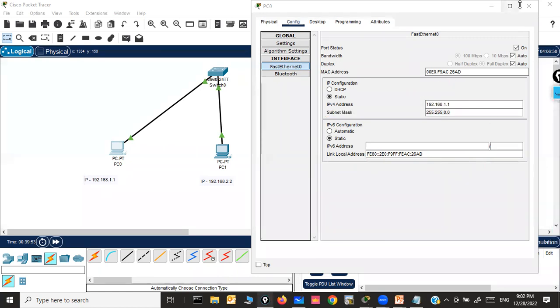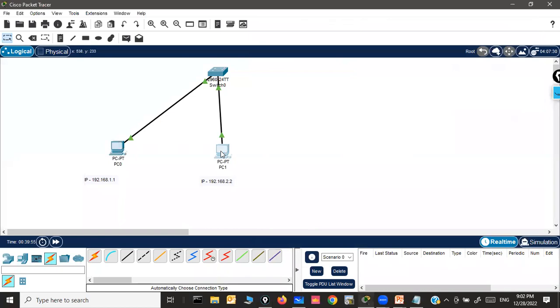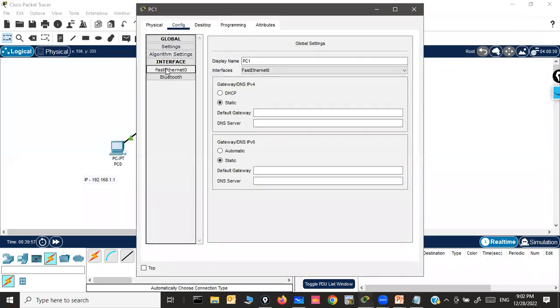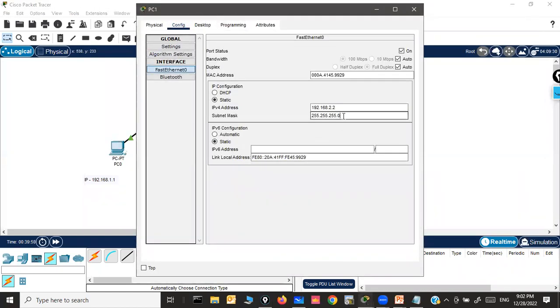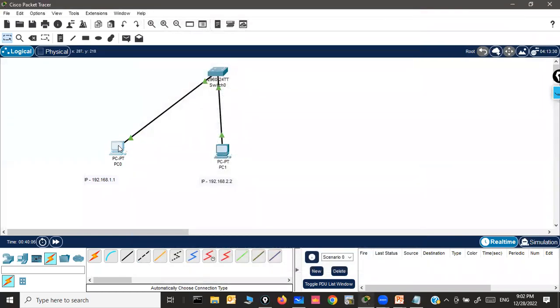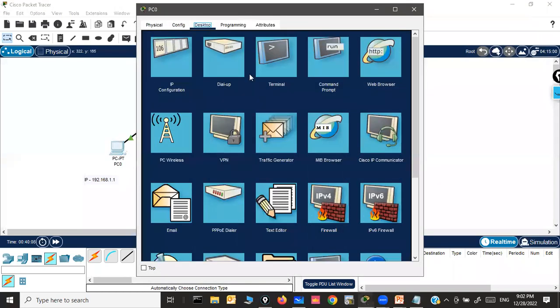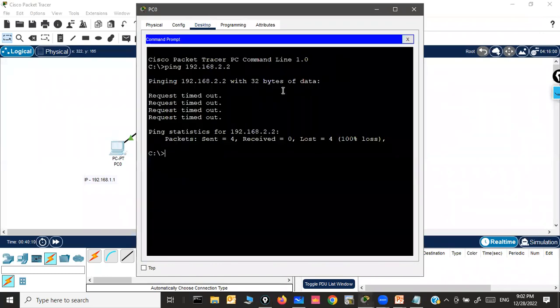If I do the same on this machine also, we are now breaking the rule of class ABC. Okay, now I did this, and see here, let me initiate the same ping again.